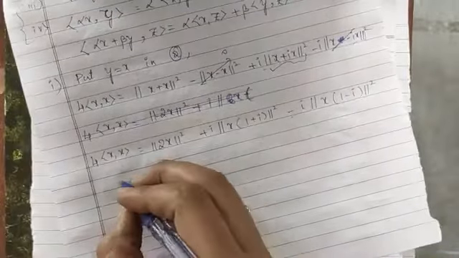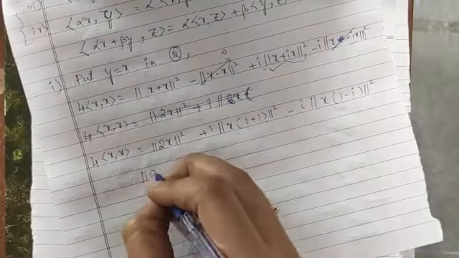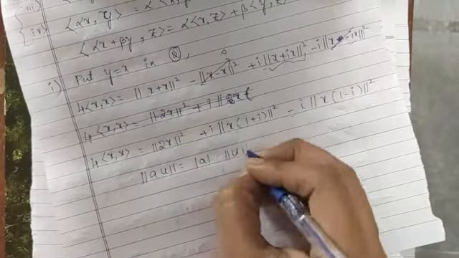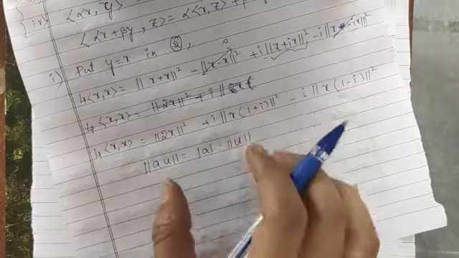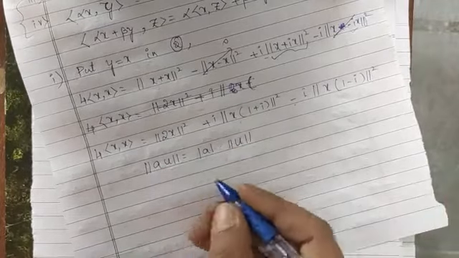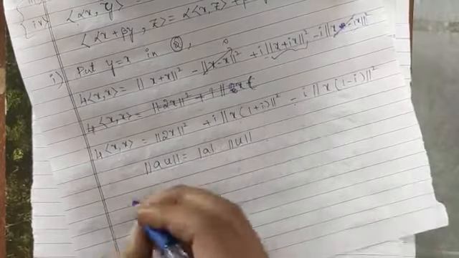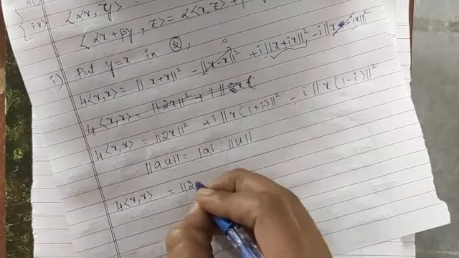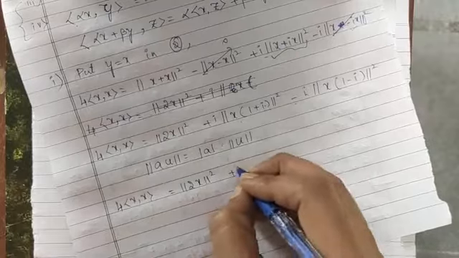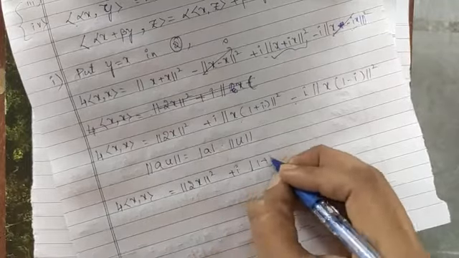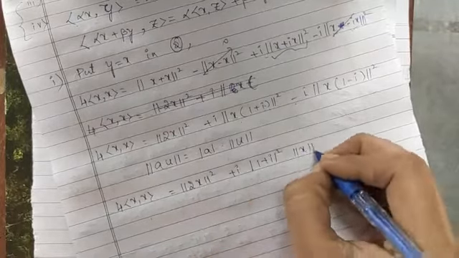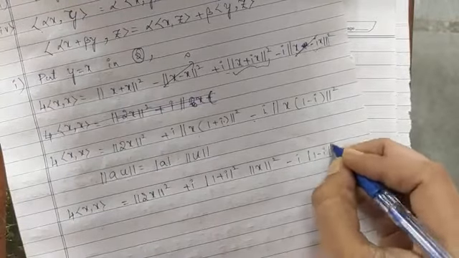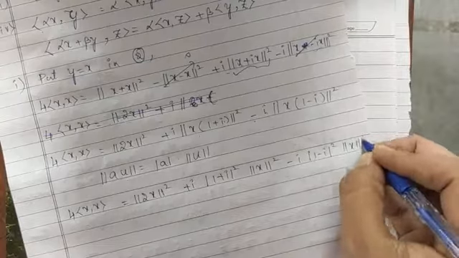Now I will use the property that norm of aU is equal to mod a into norm of U, where a is a scalar. So using this property, you can write 4 into the inner product of x comma x is equal to norm 2x square plus i into mod of 1 plus i whole square into norm x square minus i into mod of 1 minus i whole square into norm x square.